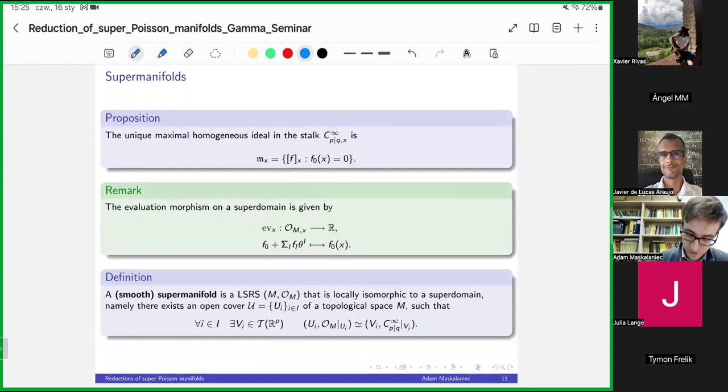This can be proved purely algebraically, and it is also completely independent of any choice of coordinates. Moreover, I think it's quite intuitive that we lose all the information about the nilpotent part because m_x has to be a maximal ideal, so it is also a prime ideal, so all nilpotents definitely belong to this ideal.